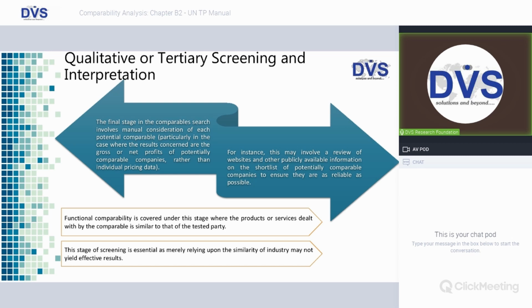Say, for example, ours is a 100% export transaction. If we are not using the export turnover criteria, we may be left with comparable companies which would be comparable to what we do functionally, but they would be catering to the domestic industry only.